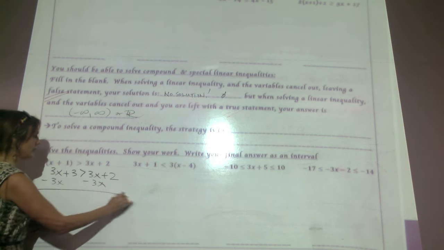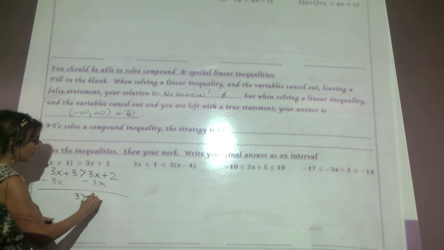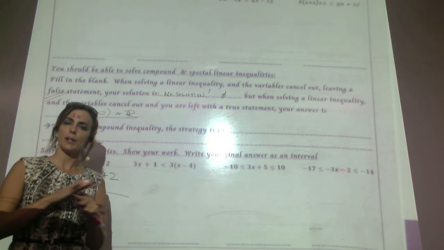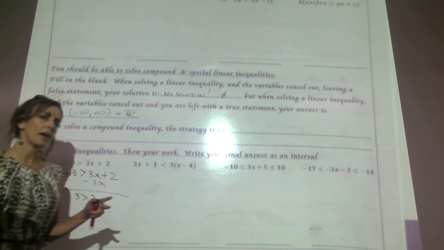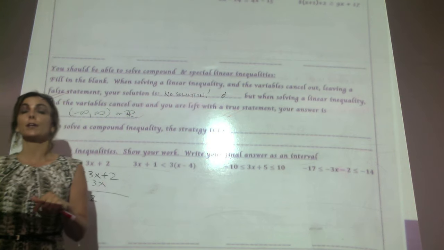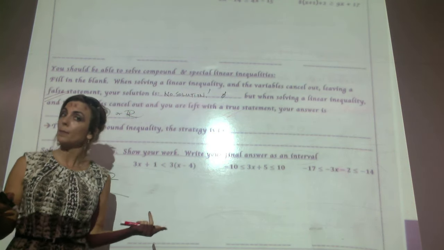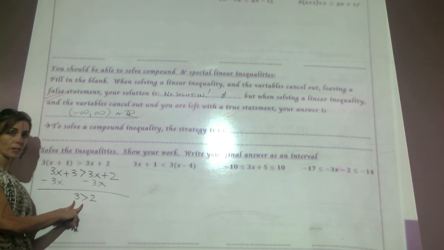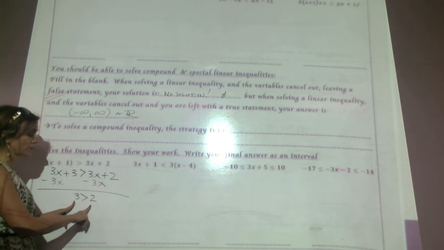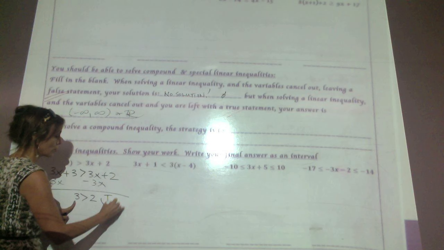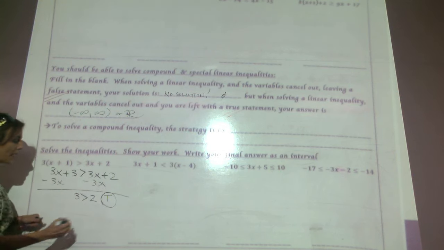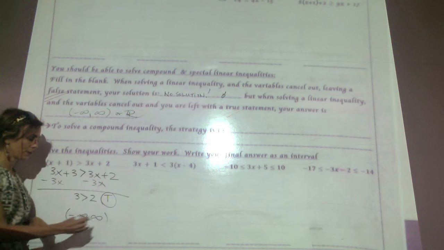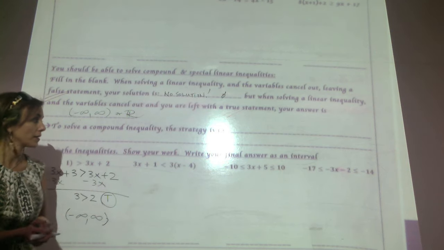And I get 3 is greater than 2. I notice my variable is gone. So at that point I say, okay, this is either a no solution case or an all real numbers case. And I just decide, is this a true statement or a false statement? I know 3 is greater than 2, so this is true, which means that my answer will be all real numbers, or negative to positive infinity.